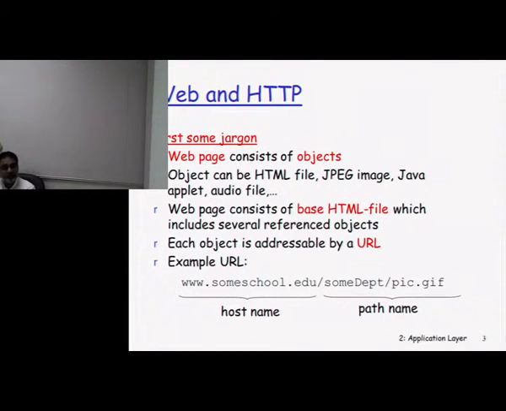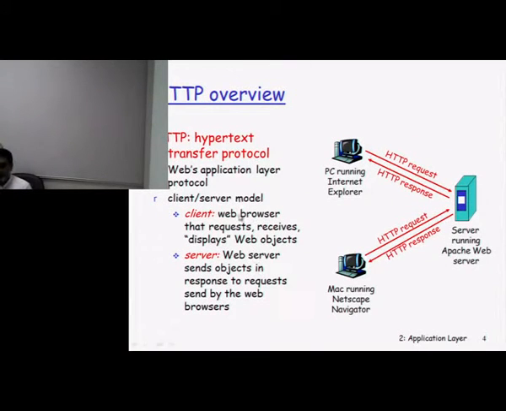So in our case in HTTP, the communication between the web client and the web server is an HTTP session, and for that a TCP connection needs to be established before this communication begins over the HTTP protocol on the application layer.